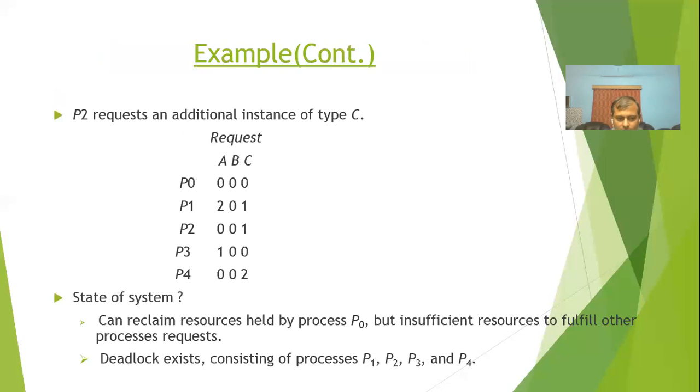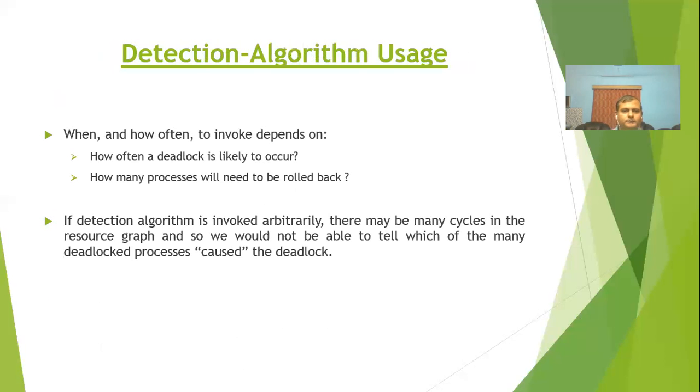That means a deadlock will exist consisting of processes P1, P2, P3, and P4. So in this way, a deadlock is created in the system, and we have to detect it and recover from it. So in this way, the detection algorithm will work.